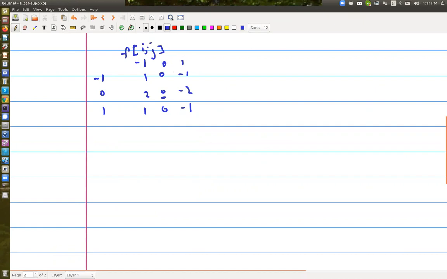Maybe this is the I component, and this is the J component here. Let's just check that you're following what I'm doing. So what is F1 minus 1? Really simple question: what is F1 minus 1?